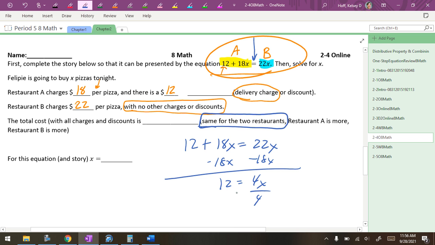How many pizzas? 3 pizzas. 3 pizzas. Okay?